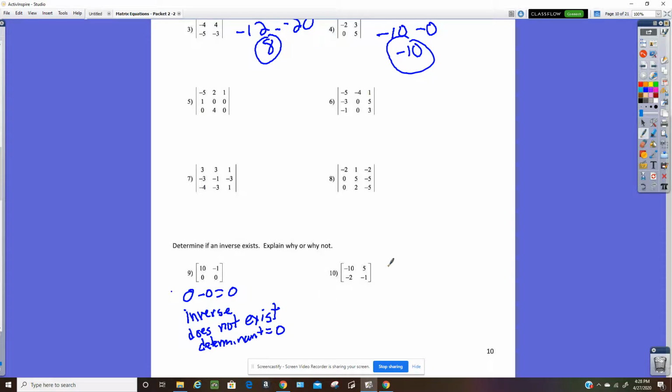And then negative 10 minus a negative 10 is 0 again. So the inverse does not exist. Determinant equals 0.